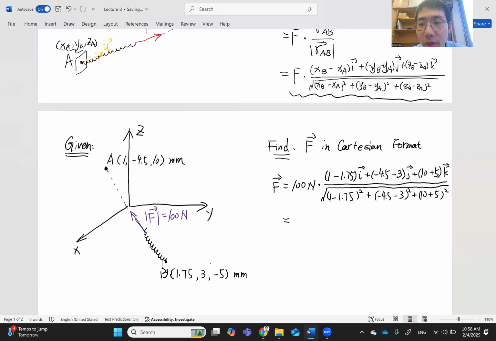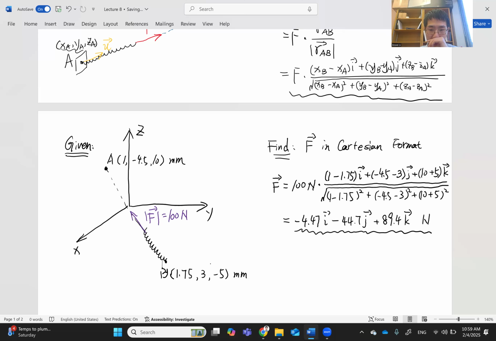So now we can go ahead and evaluate that. It will equal negative 4.47 i, negative 44.7 j, plus 89.4 k. Please note that the unit here should be a force, so it is Newtons here. This is our answer.